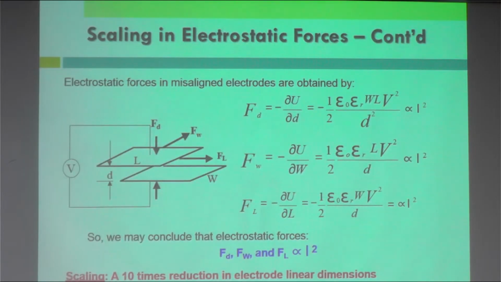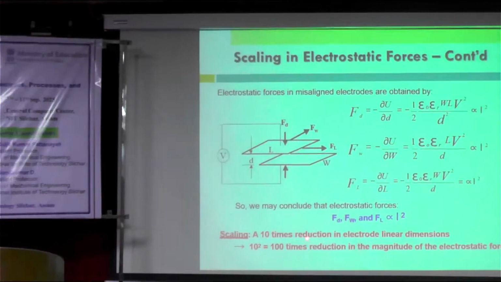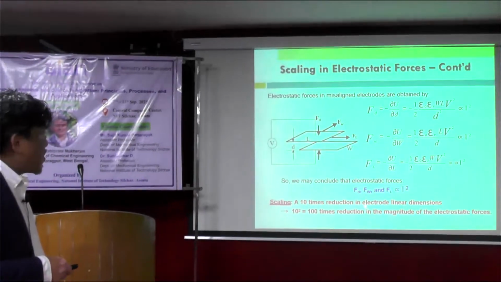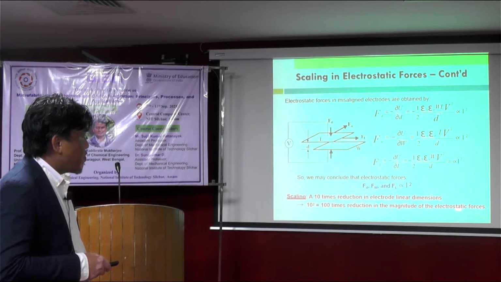So, with further calculation, you can get the 10 times reduction in electrode linear dimension, then you can get 100 times reduction in the magnitude of the electrostatic force. So just reduce 10 times of the electrode size, then you get 100 times reduction in the magnitude of electrostatic force.